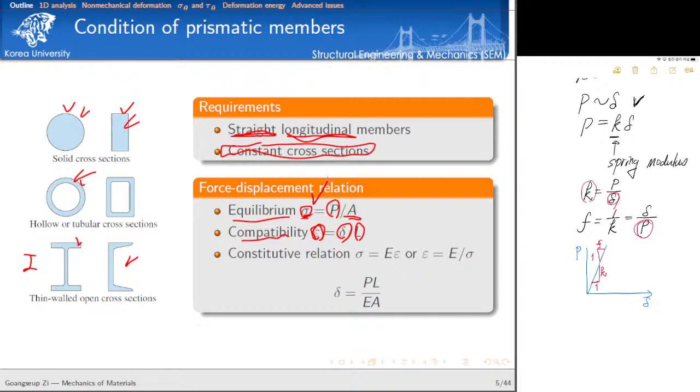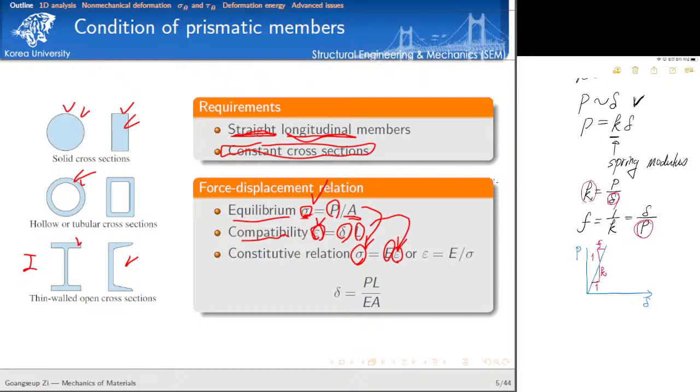And then between the stress and strain, there must be a constitutive relation. So if you use Hooke's law, the stress is proportional to strain. The proportional coefficient is given by the elastic modulus. Okay, let's plug in the stress here and then strain here.